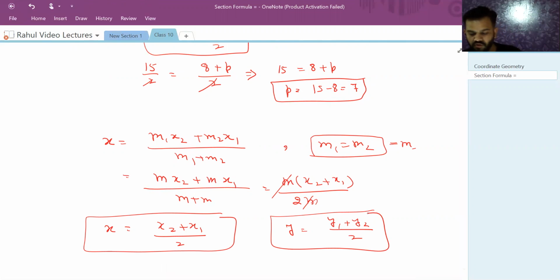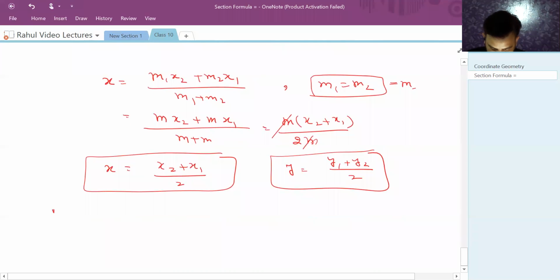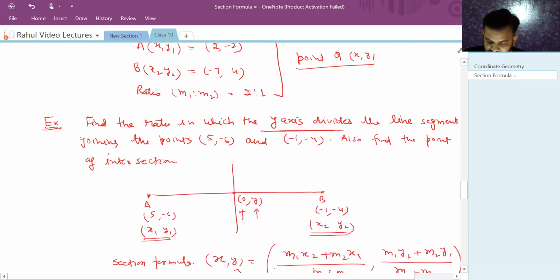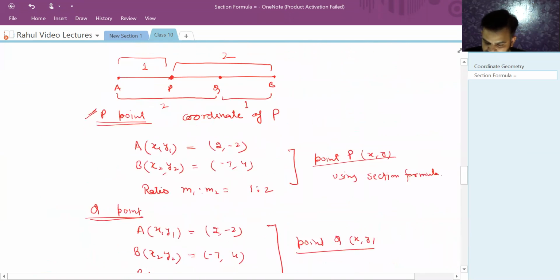Now I will tell you which exercise question is mapped with which example. So if I talk about exercise 7.2, you can see question number 1. Question number 1 will be mapped to example number 1, which is done in the starting, and question number 2 is the same as we have discussed, the trisection question.